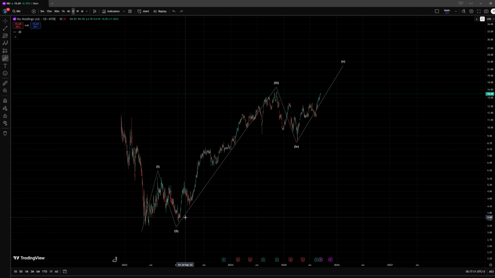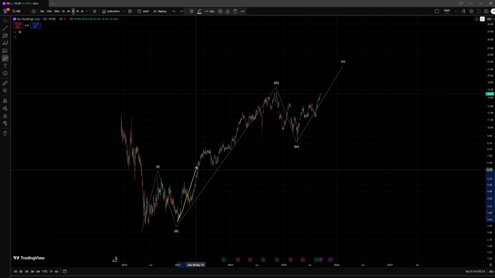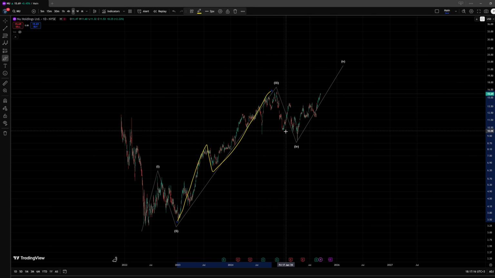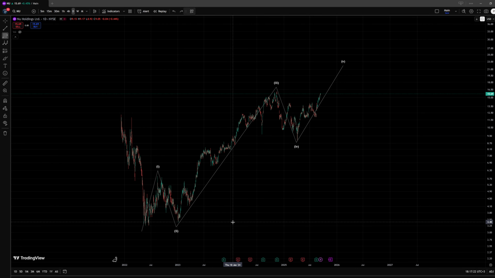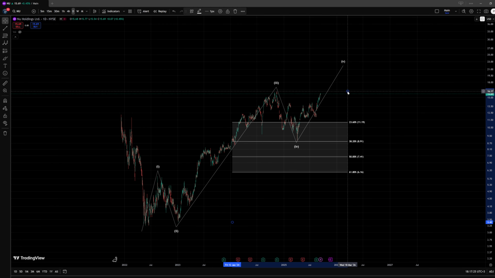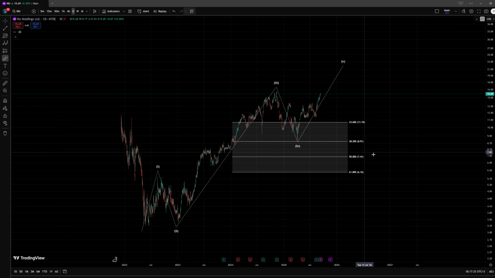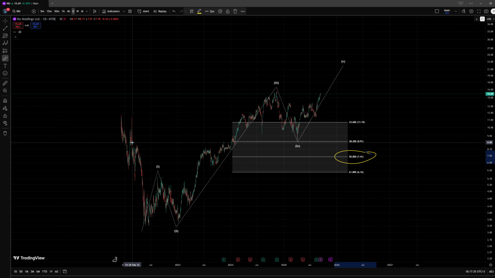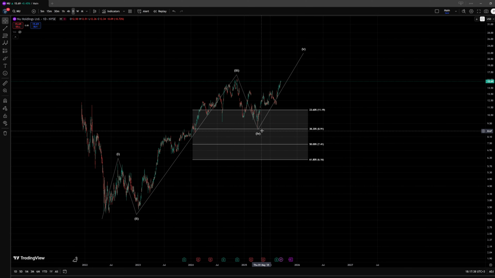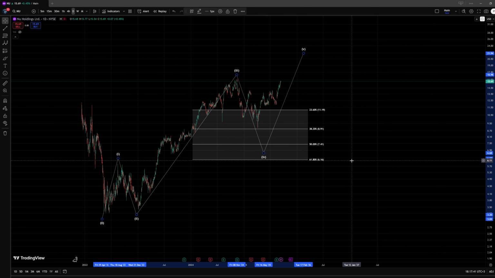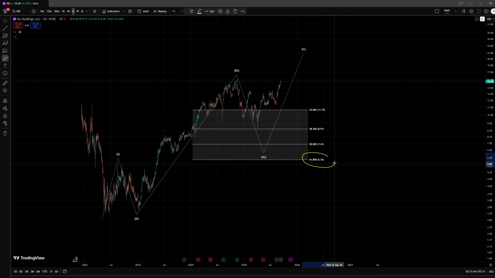So that is valid, that is fine, but I could also argue that this is just an ABC pattern that developed, and then it would be within a diagonal pattern that is developing in a wave 1. Now, the difference is that in the case of the impulse, I would expect the wave 4 to hold in the support zone in the area between the 23.6% retracement down to the 50% retracement at the $7.4 in this case, while in the diagonal pattern, I would allow the wave 4 to go all the way down to the 61.8% retracement at the $6.2 level and still consider it as a valid correction within the wave 4.